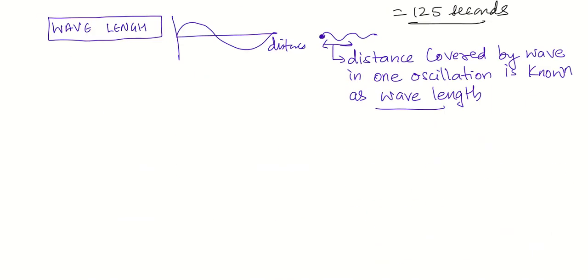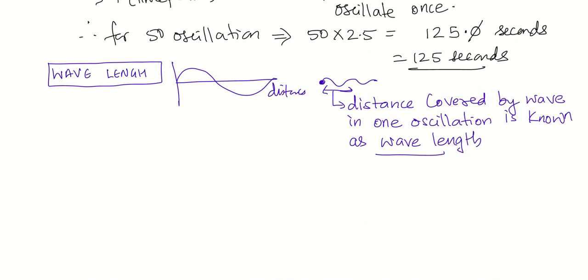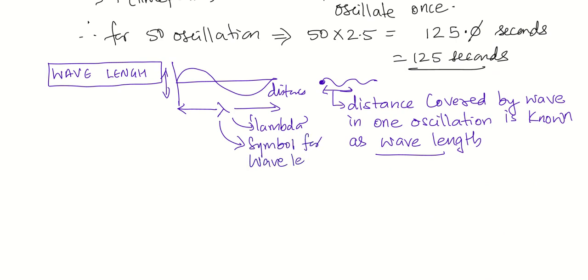This particle is vibrating in the vertical direction, and this is the wave going forward. This is shown with the Greek letter lambda, which is the symbol for wavelength.